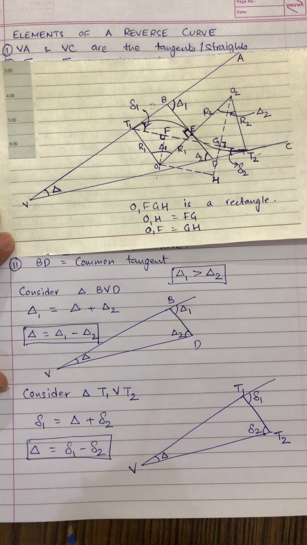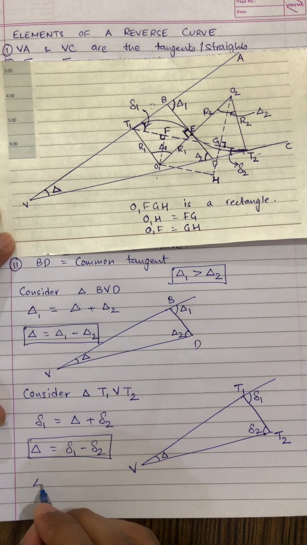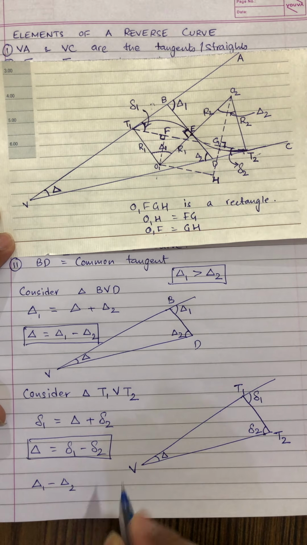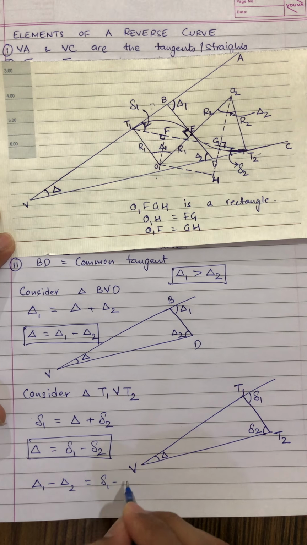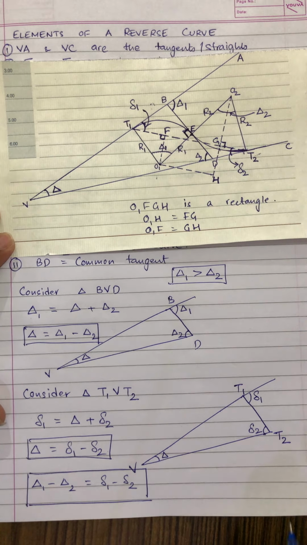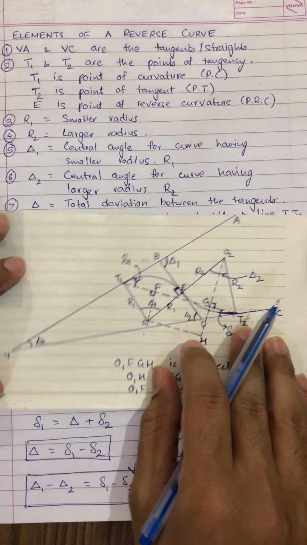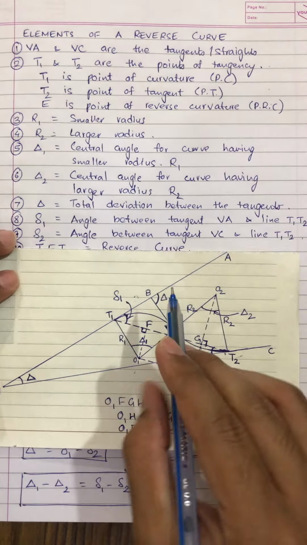So if we consider both these equations, we get that delta 1 minus delta 2 is equal to del 1 minus del 2. Fine.